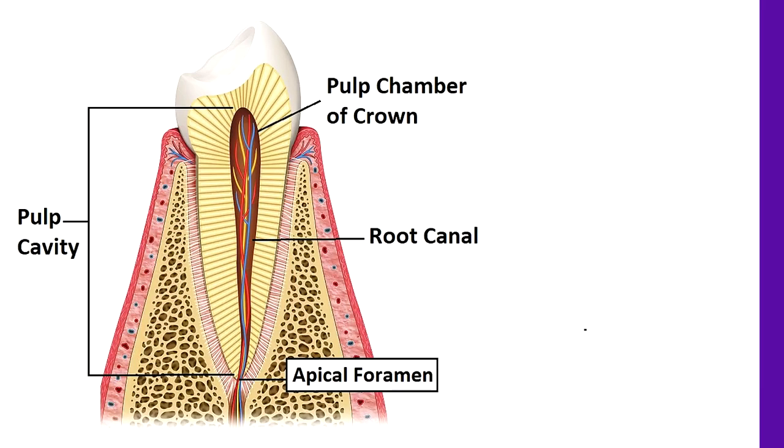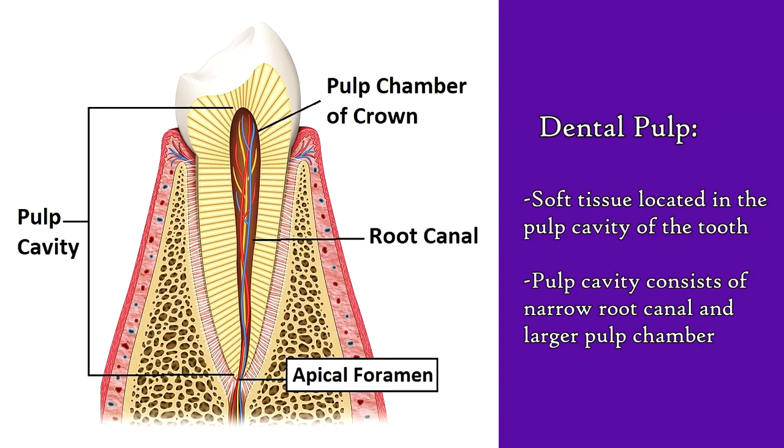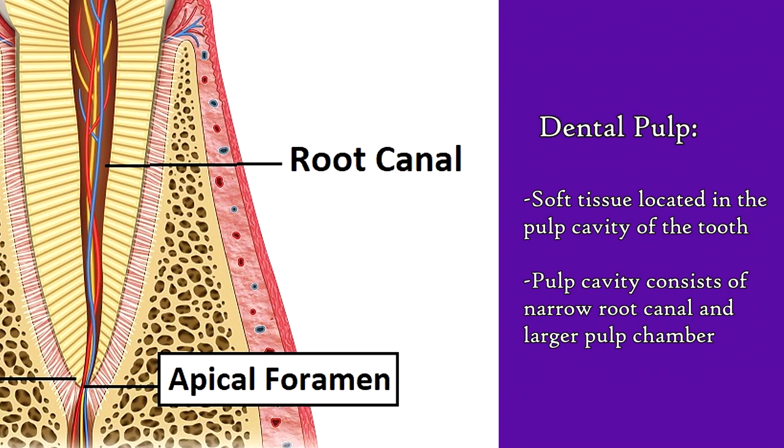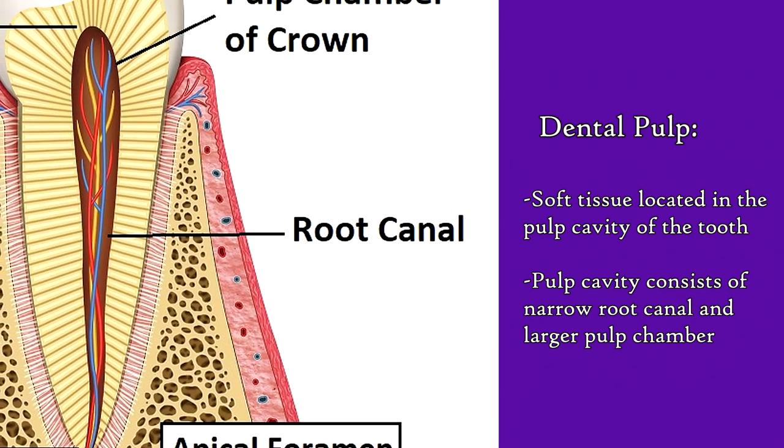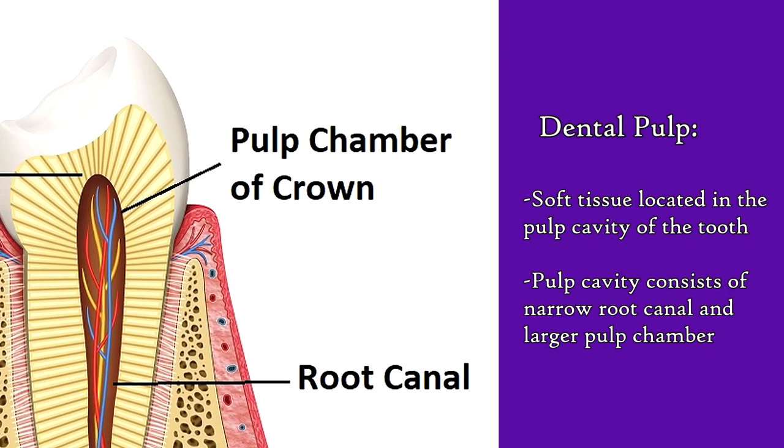And finally, the dental pulp is the last type of major tissue that makes up the tooth, and this is a soft tissue that is located within the pulp cavity of each tooth. The pulp cavity has two main parts: the narrow root canal of the root or roots, and the larger pulp chamber located in the crown.